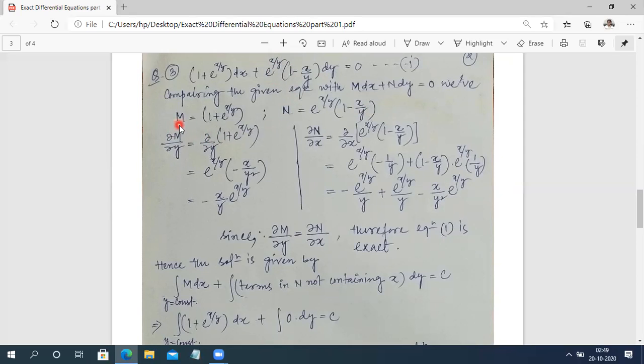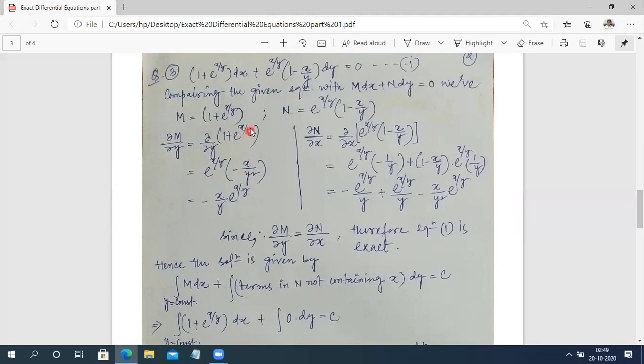To check whether this equation is exact or not, partially differentiate M with respect to y. So del M upon del y will be del y of 1 plus e raised to the power x by y. That means the first term is 0. In the second term, we will get e raised to the power x by y and minus 1 upon y square into x.